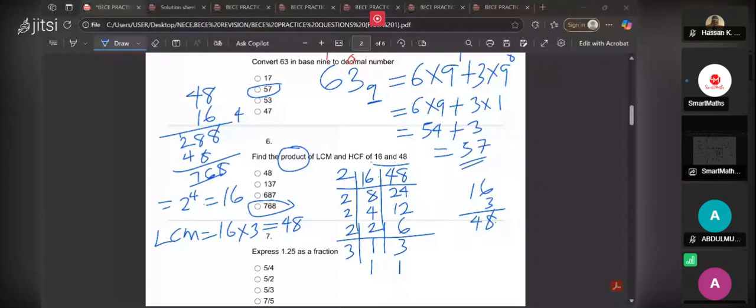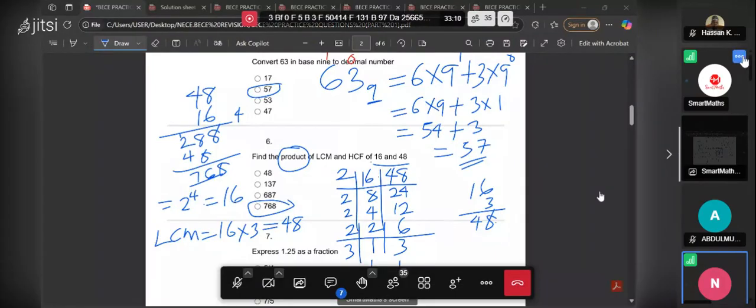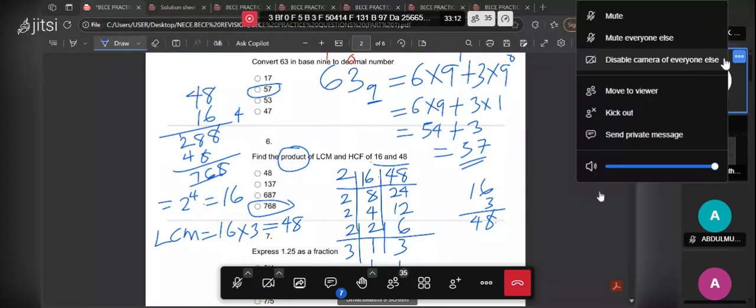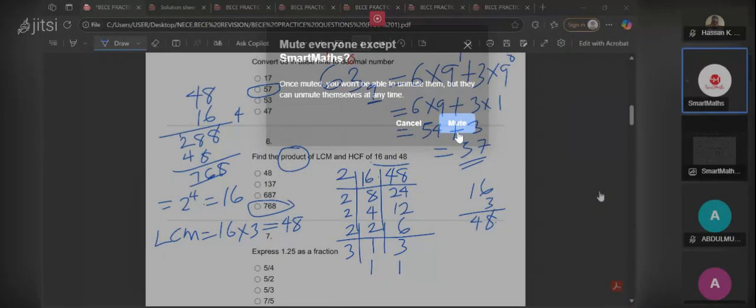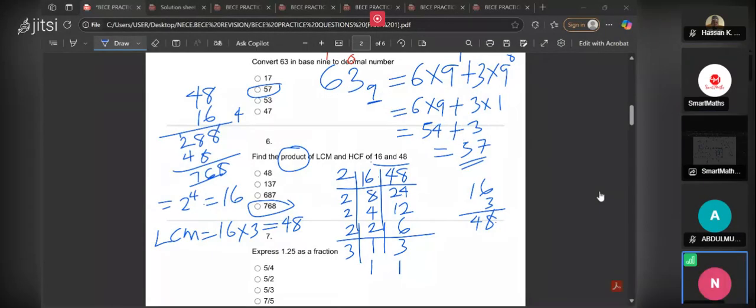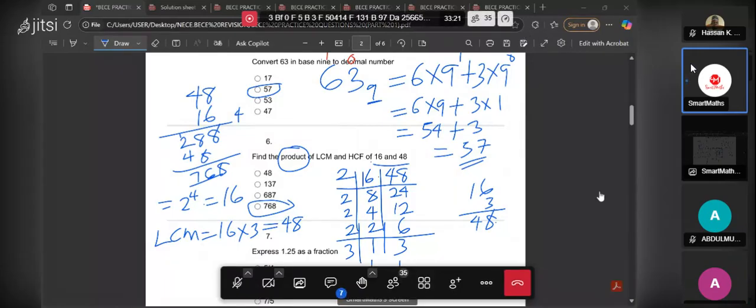The first question. All right. And the second question. Okay. Unmute yourself back. I will explain again. Thank you. Okay. Any other person? Please unmute yourself. Any other person?